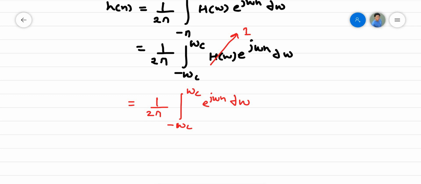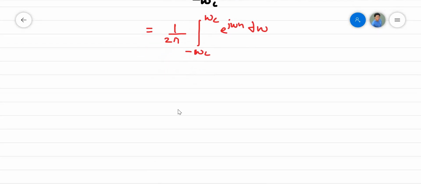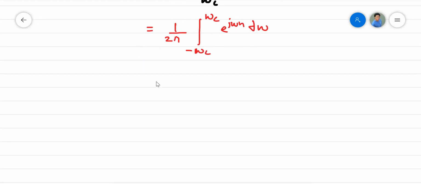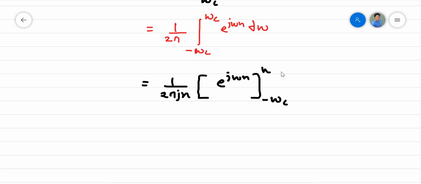right? Now we can integrate this relation and find it is 1 by 2 pi jn, exponential j omega n evaluated from minus omega c to omega c.